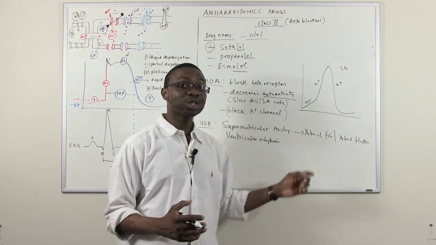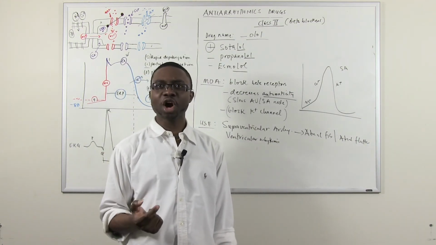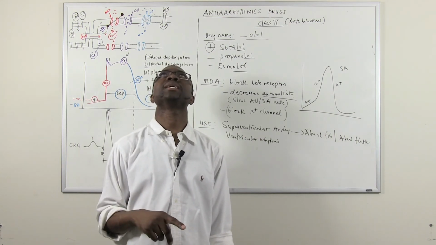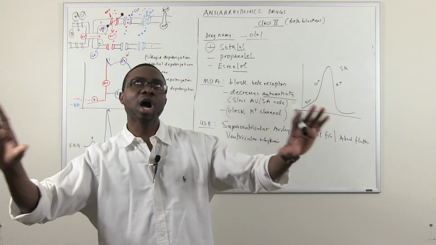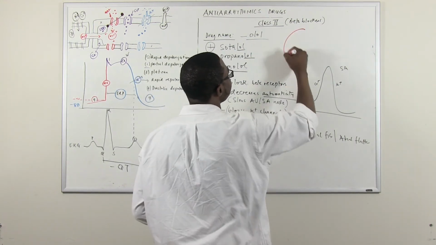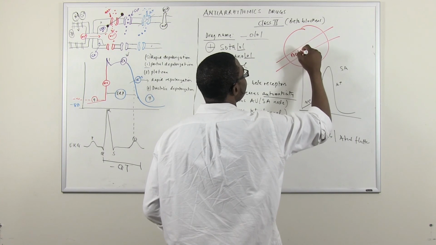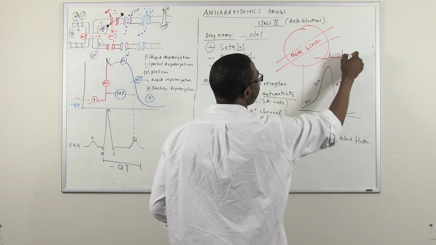Now, in order to slow them down, slam some brakes on it, we call that rate control. We control the rate at which the heart is beating. So let's use a beta blocker to slow them down. Block the road, right? So we use a beta blocker. Slow the rate down.